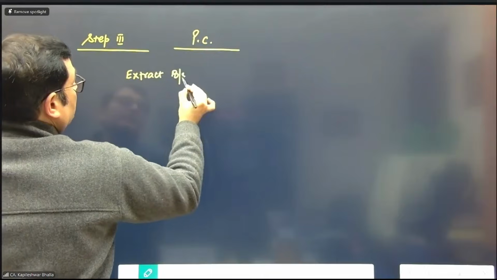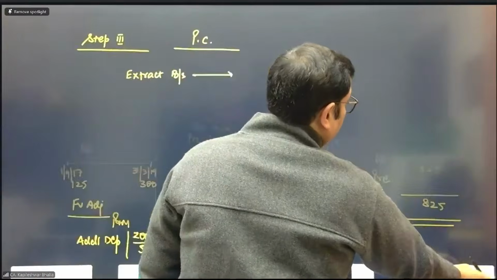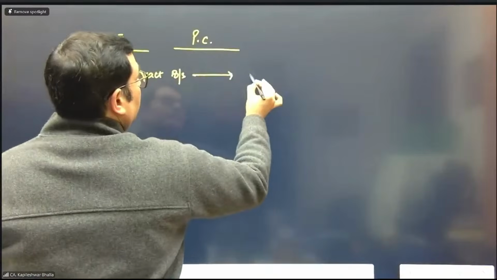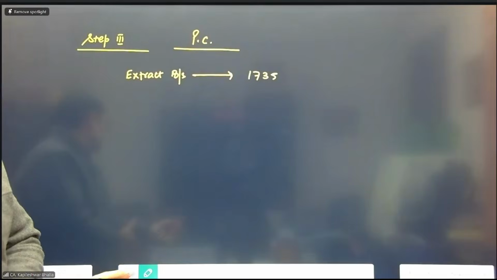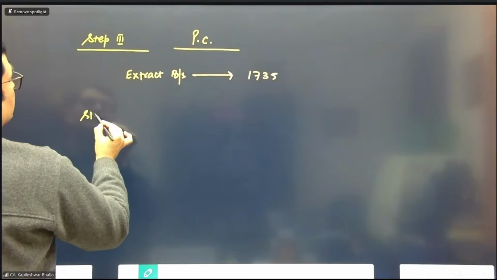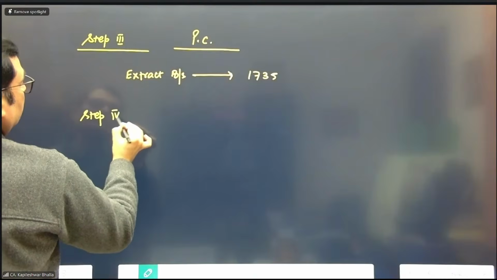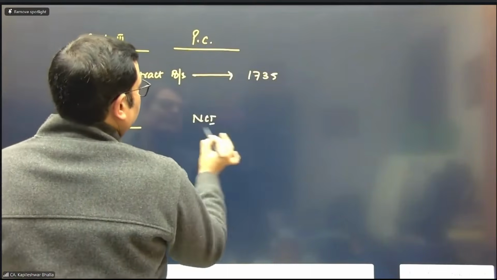So we're going to look at the extract balance sheet to get the figure. So we'll see the information on the extract balance sheet 1735, because once you've made the extract balance sheet, pick the figure from that particular information. That's right. And then we come to the step number 4. Step number 4 is the calculation of the NCI.